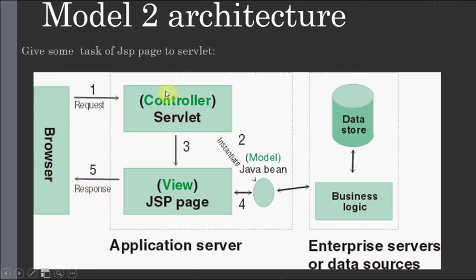So in Model 2 architecture, all three components are separated out. This is the model, this is the view component, this is the controller component. So the MVC architecture is used.